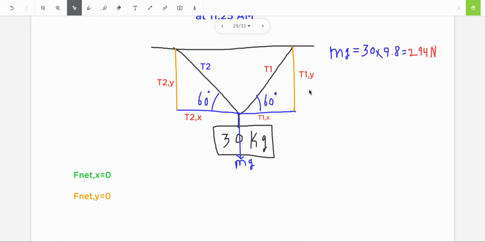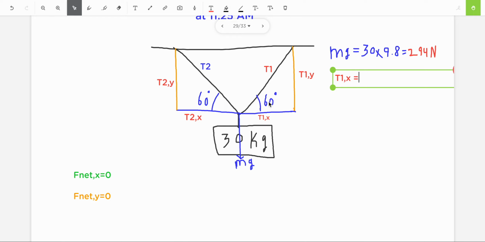Okay, and now we will try to find T1x. I think with the keyboard it will be faster. T1x equal to, okay, so you can see that T1x is here, and with this degree the T1x is adjacent to the angle, so we will use cosine because T1x is adjacent to 60 degrees.